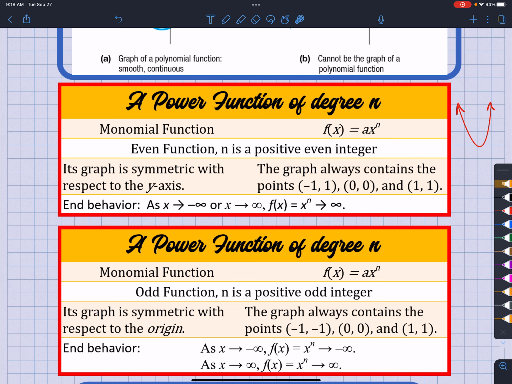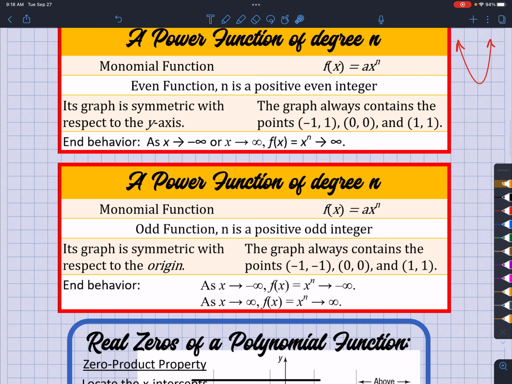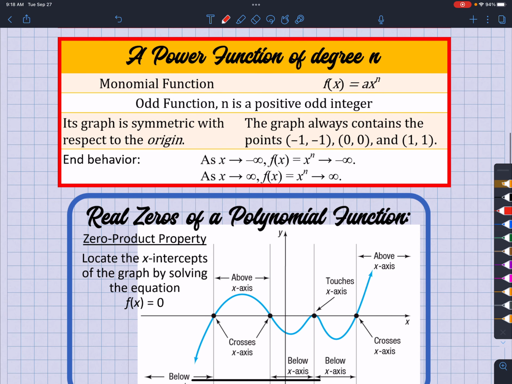And if the power of the function n is actually odd and positive, then you'll have something that looks like this. I should probably bring this up.